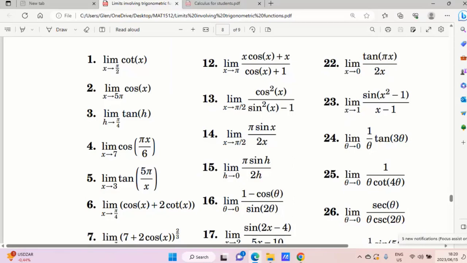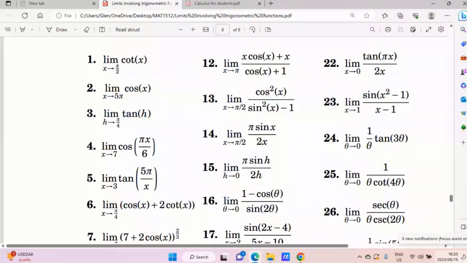Can you say it slowly? 1 over root 2 times root 2 over root 2 plus 2. Leave the 2 alone. Plus 2.